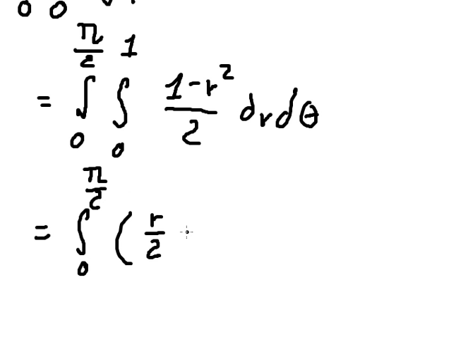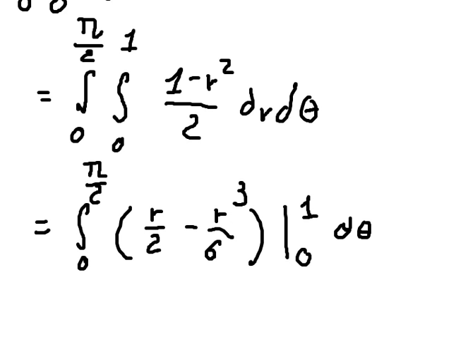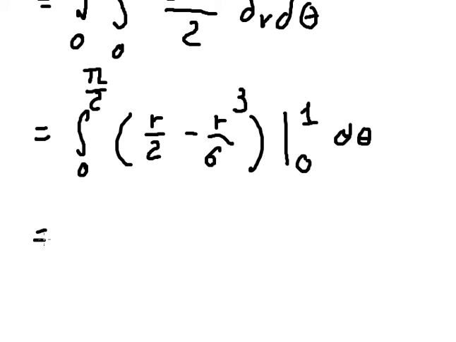This one we have r to the power of 3 over 3. Number 3 and number 2 we have number 6. So I will put number 1 go in here, number 0 go in here. So we have 1 over 3.